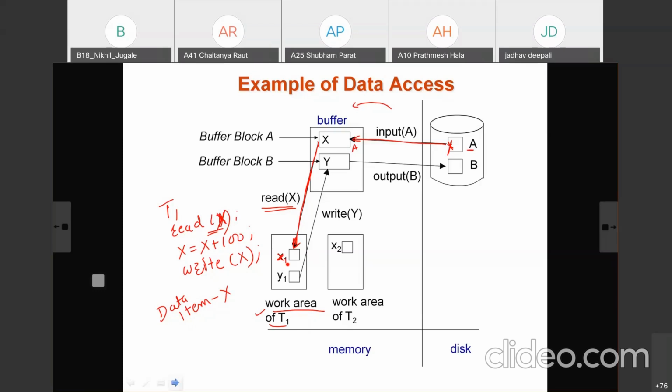Perform the operation here, X is equal to X plus 100, and write X writes this X1 back. Write X transfers this updated value of the data item X back to the buffer, and if required, output it to the disk.